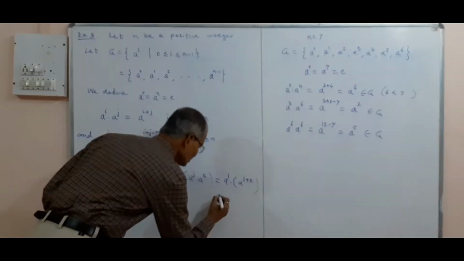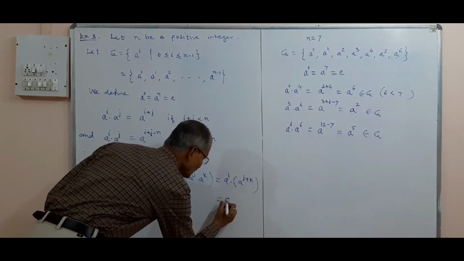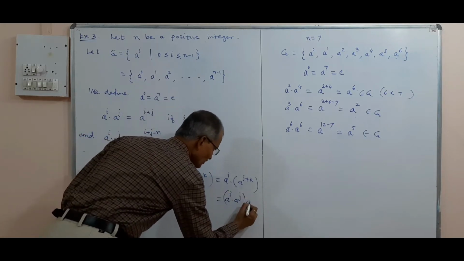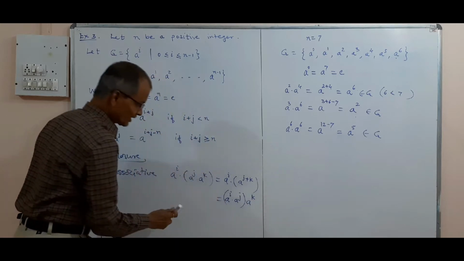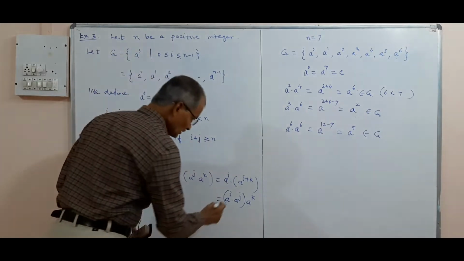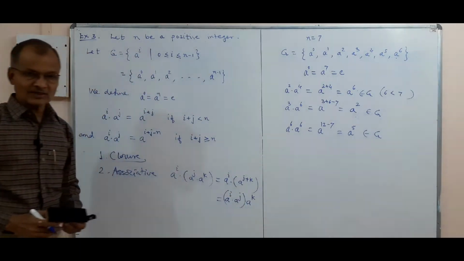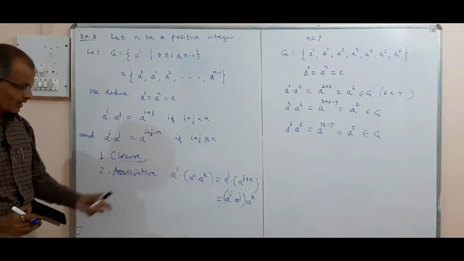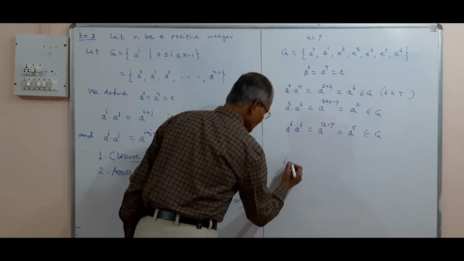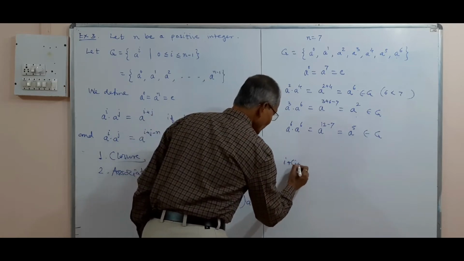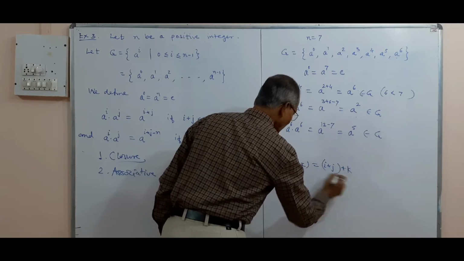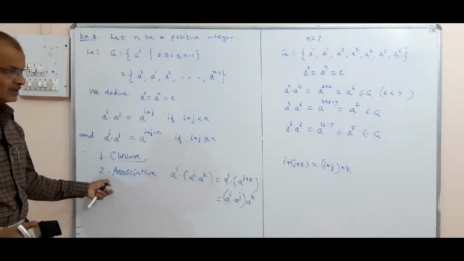And this we can also write as a raised to i into a raised to j, into a raised to k, because in this case this will be i plus j plus k. The addition of indices is commutative, and therefore the associative property is satisfied, because i plus j plus k is the same as i plus j plus k.